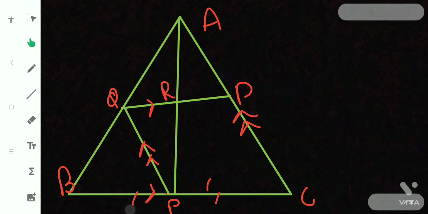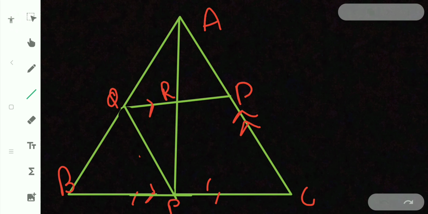So QR is parallel to BC, so it should definitely be parallel to BP also, because BP is also lying on the same line segment. BP is a point on BC, so QR is parallel to BC and QR is parallel to BP.